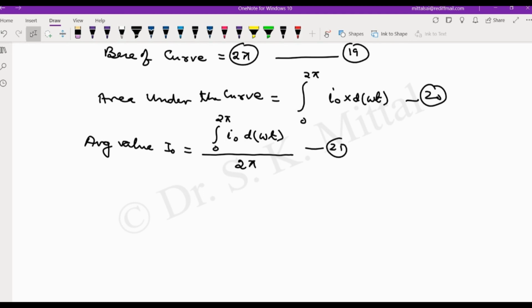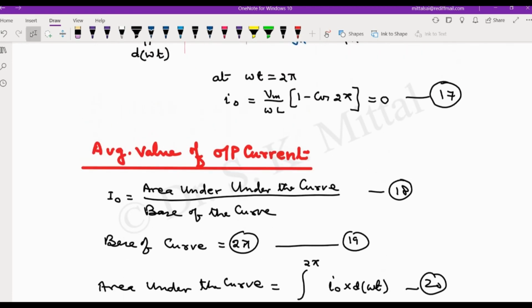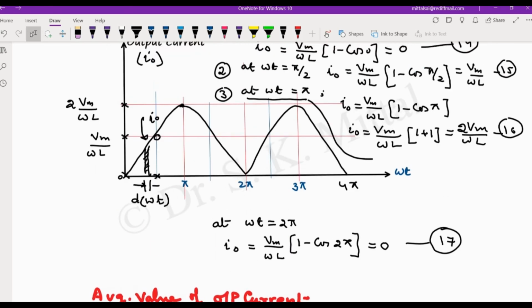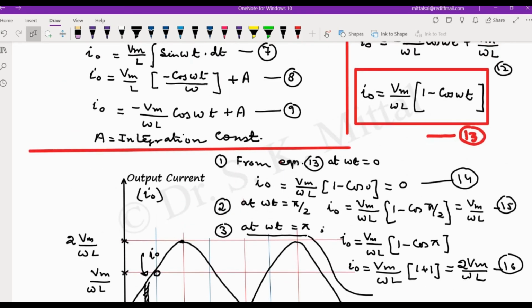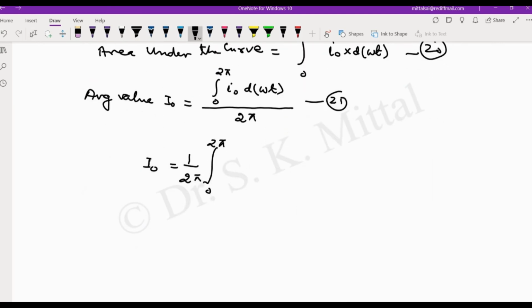Now we have also obtained the value of I0, so the average will be 1 upon 2 pi integral 0 to 2 pi, and the value of I0 we have obtained in equation number 13, which is Vm upon omega L times 1 minus cos omega t.